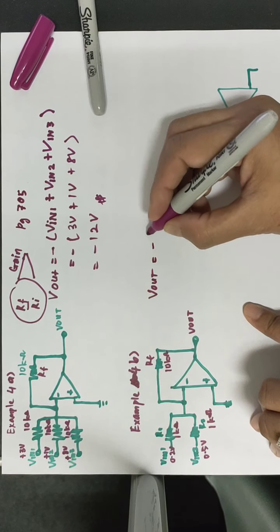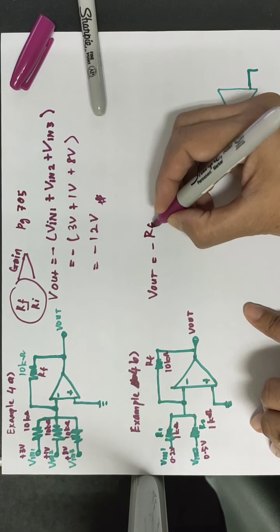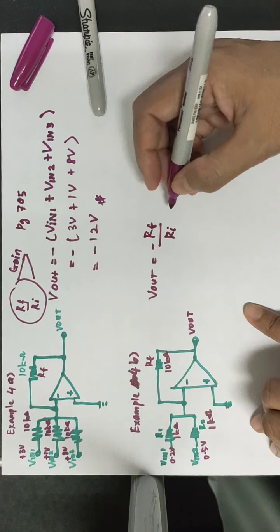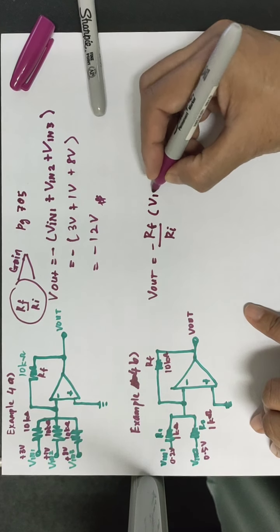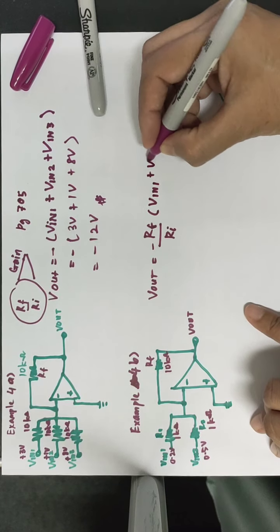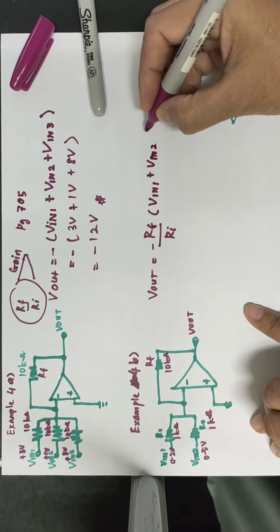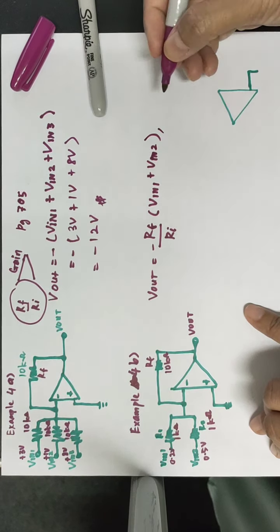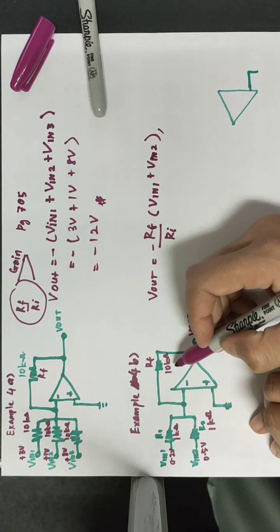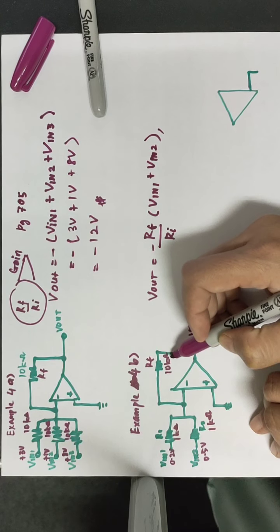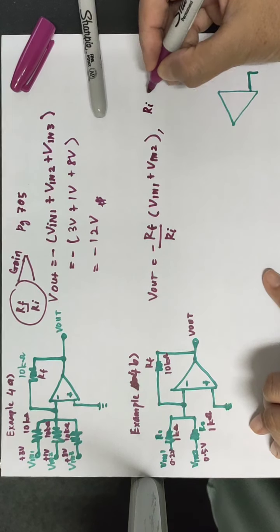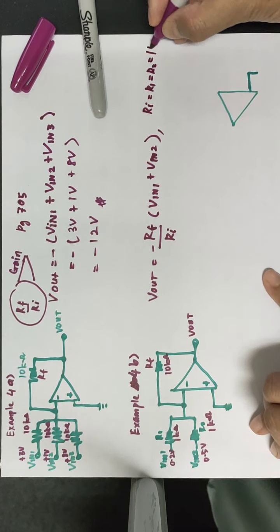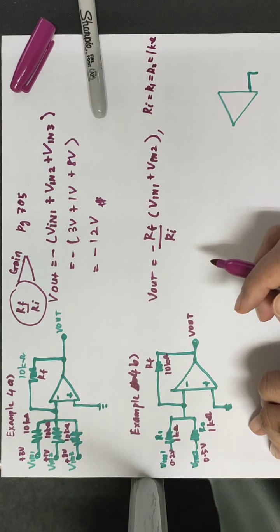V out is equal to negative RF over RI, times V in 1 plus V in 2, where RF we know is 10 kilo ohm, whereas RI equals R1 equals R2 equals 1 kilo ohm.